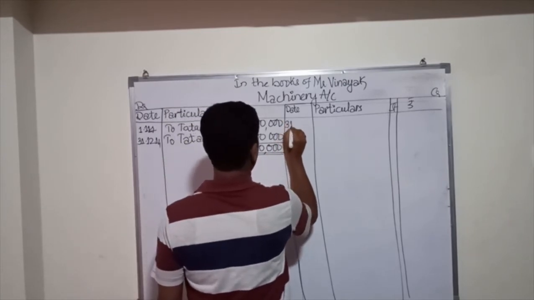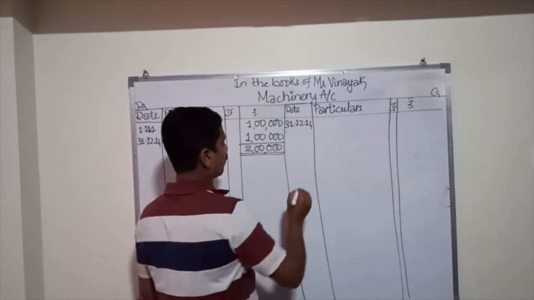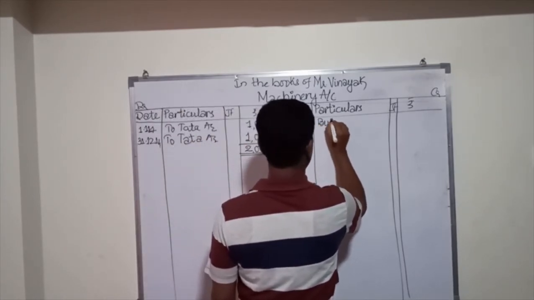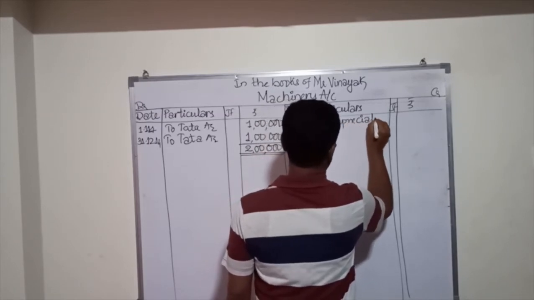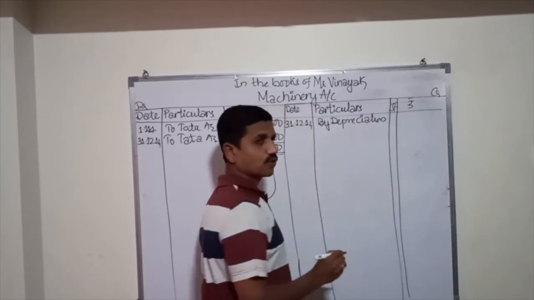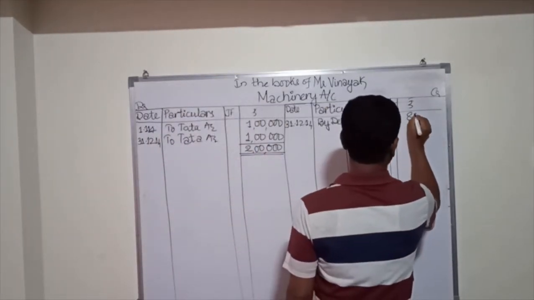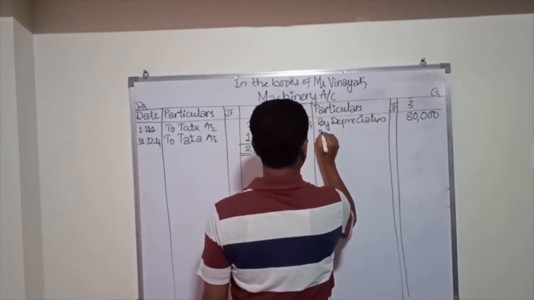So on 31/12/14, when the depreciation is allowed, then it will be depreciation account debit to machinery account. So machinery account is credited by depreciation. So the first year, 4 lakh is the cash price, 20% of that comes to 80,000 here. So on the same day, let's balance here.